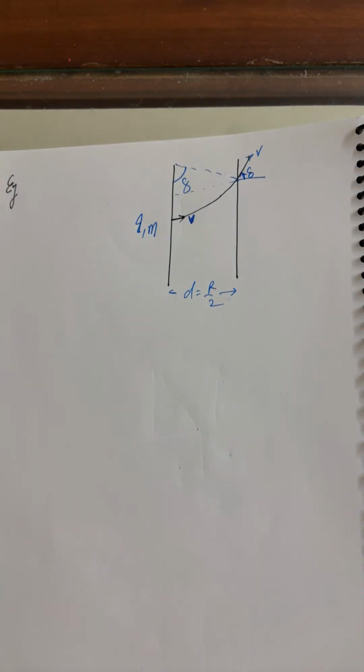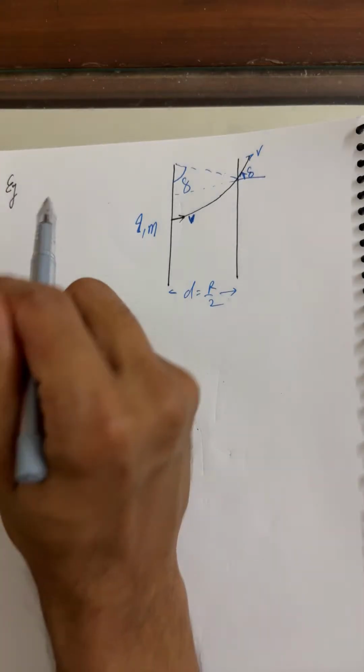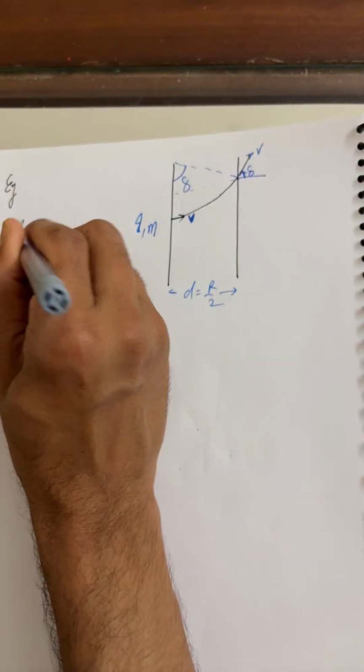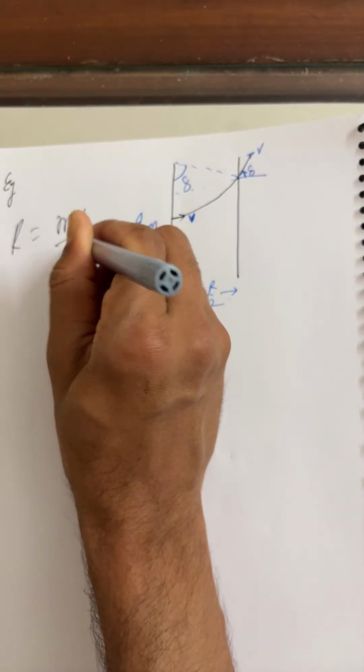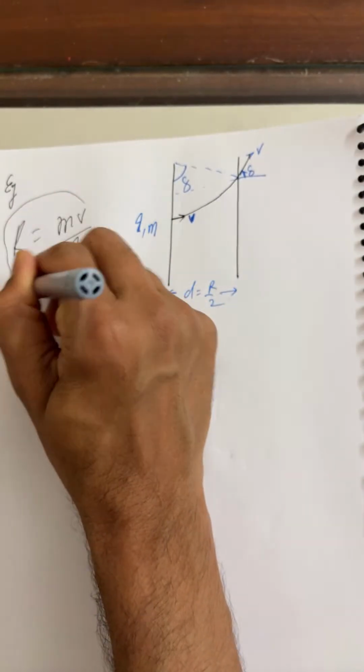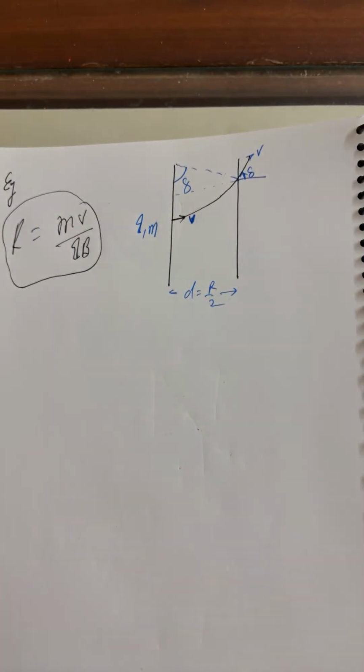If any particle is making a circular path in a uniform magnetic field, students, what's the radius here? I hope all of you remember, otherwise I'm writing here: R is equal to mv by qB. This is the radius here.